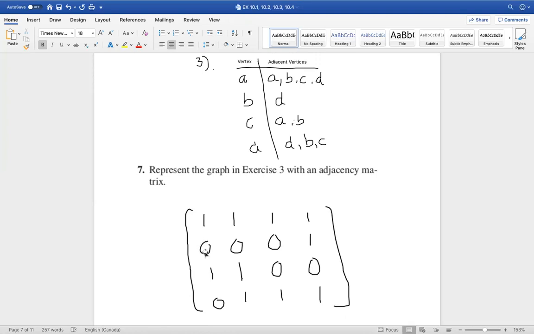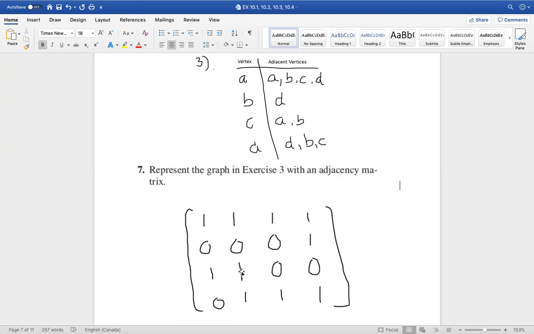Now we put 0 here because B is not adjacent to A and B is not adjacent to B itself. C, it's only adjacent to D, right? So therefore we put 1 because it's only adjacent to D here. Now for vertex C, it's adjacent to vertex A, so we put 1.